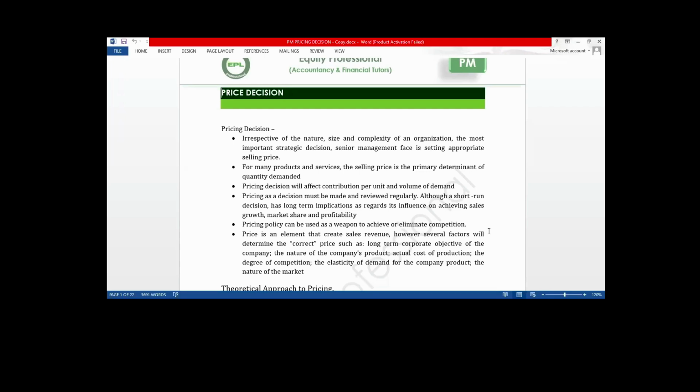But if you are operating in a monopoly market, you are a monopoly, then you can charge price. And the customer has no choice. A good example is power holding. If you look at the power holding company, they will just wake up and say, we have increased tariffs by 50%. And they will just change the charging.